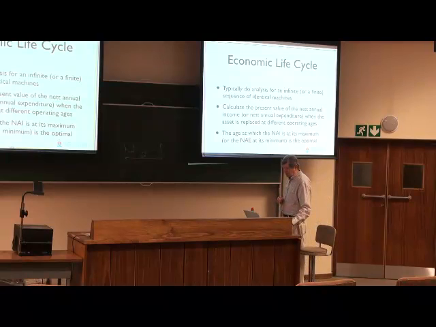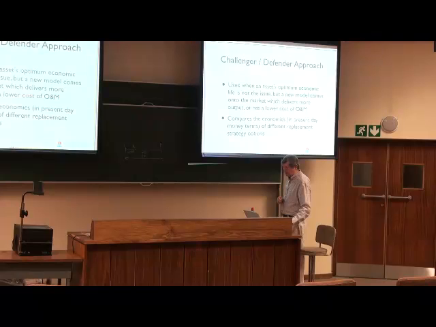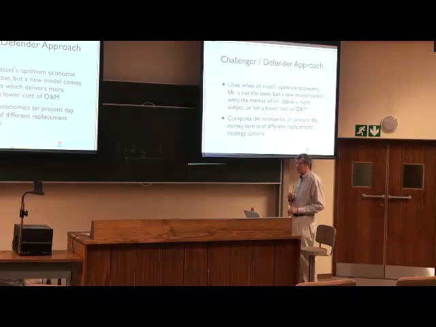Okay, so that is that one. The other one is the challenger defender approach, which you use when an asset's optimal economic life is not the issue, but a new model comes onto the market which delivers more output or has a lower cost of operation. And you then compare the economics in present day only in terms of different replacement strategy options.